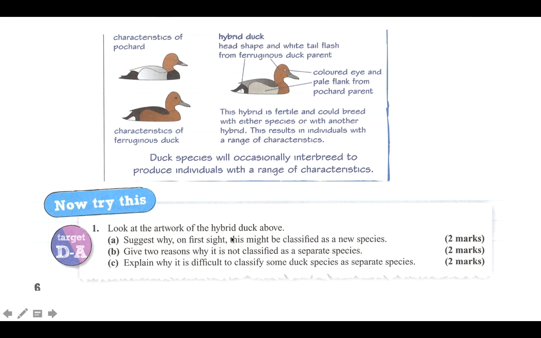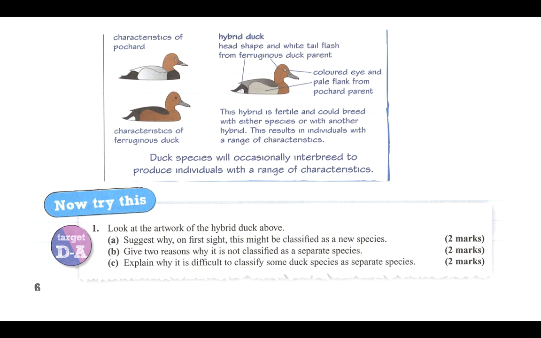Next question says, give 2 reasons why it's not classified as a separate species. So if it's a mixture of the two, its parents, one must have been a pochard and one must have been a ferruginous. Okay, so it was produced by the interbreeding of both these species.